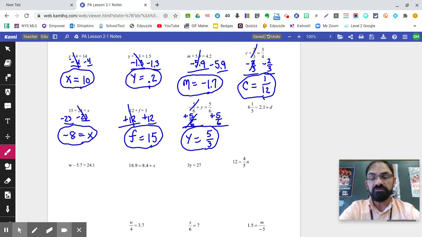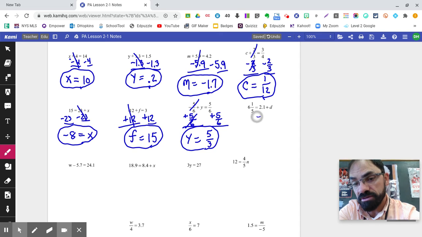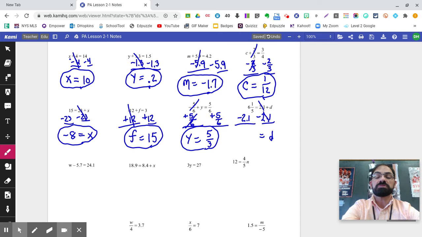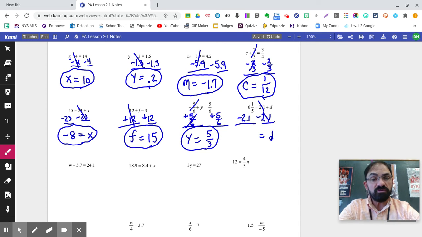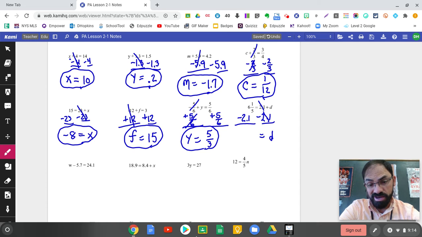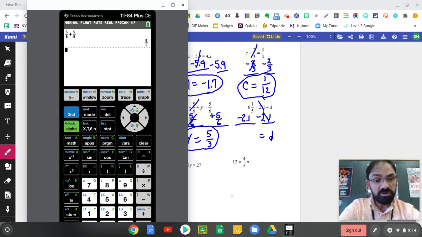D. Solve for d. To get d by itself, I need to get rid of that 2.1. So let's subtract it. So d equals 6 1/5. We have a mixed fraction. So what we need to do now is something we haven't done yet.